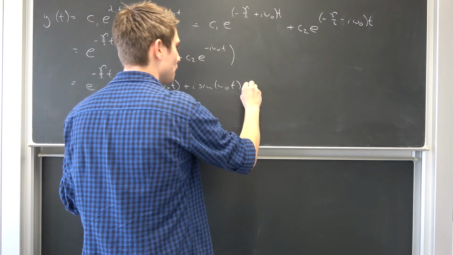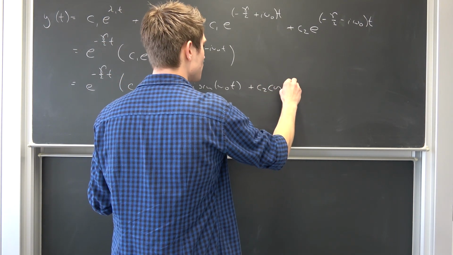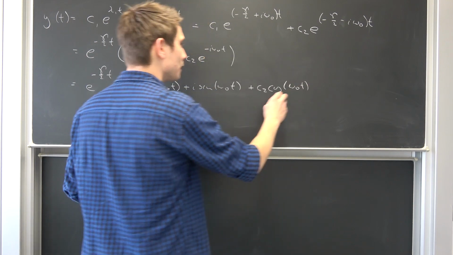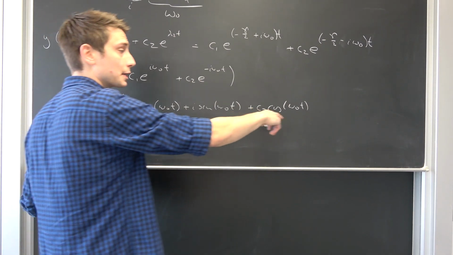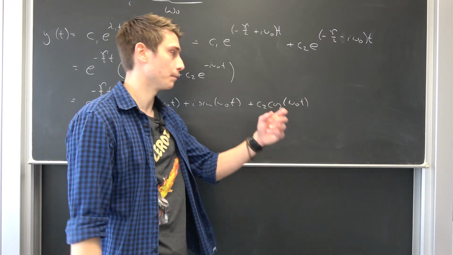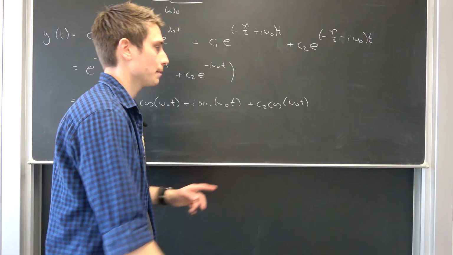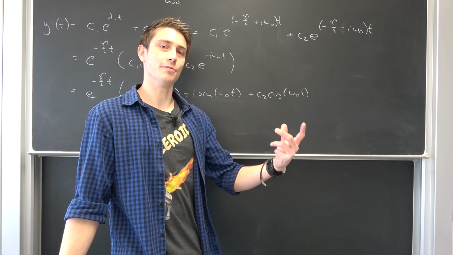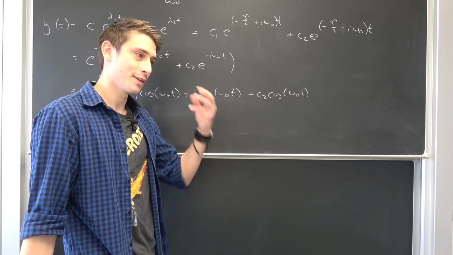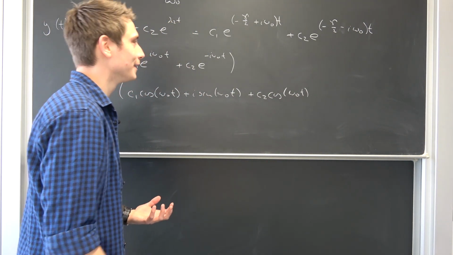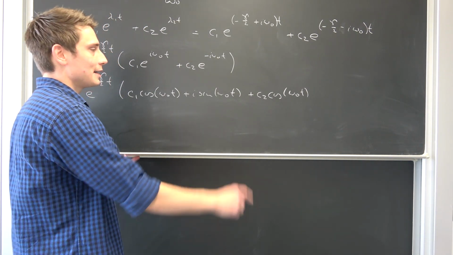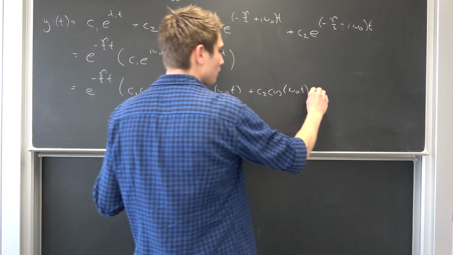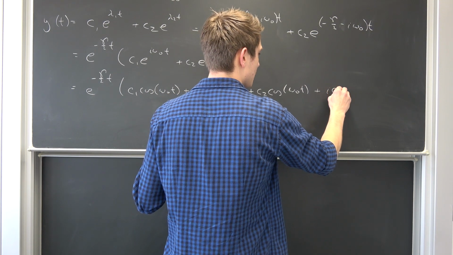For the second part, plus C2 cosine of omega naught times t, in the normal case negative omega naught times t, but the cosine wave is an even function. And on the next part we are going to get plus I times C2.